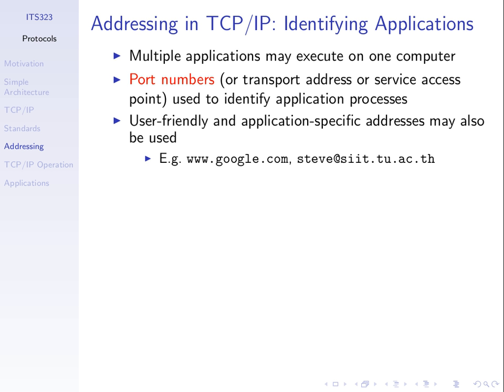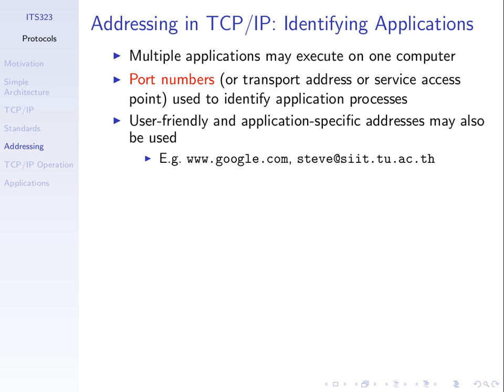Port numbers, or sometimes called a transport address, because we associate port numbers with the transport layer, or, less commonly, a service access point, but we will call them port numbers. So each internet application running on my computer has a port number, an address that identifies that application.